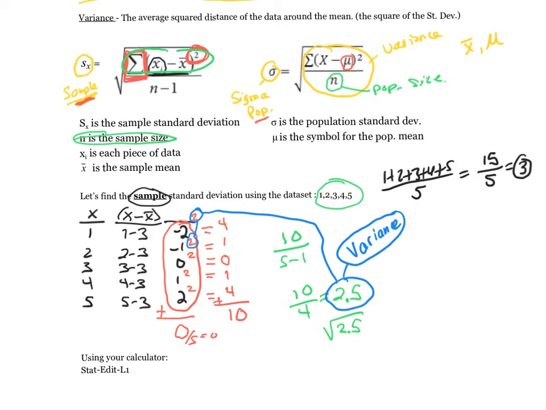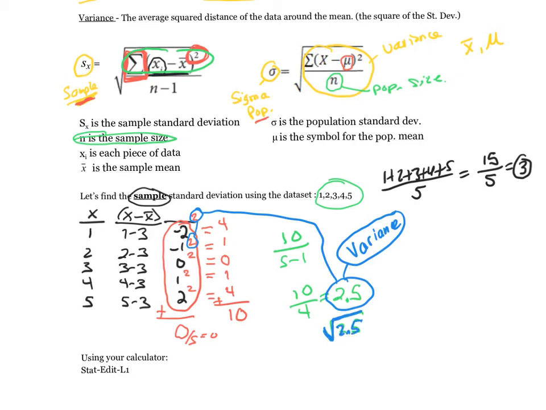And to avoid that, we square all of them, which means that this measure of spread is a squared measure of spread. It's not in the original units of the problem. You can think of it as if the original units of the problem were like feet, then I just found the variance, which would be feet squared. So that's the variance. To get it back to the original units of the problem is why we do the square root of that.